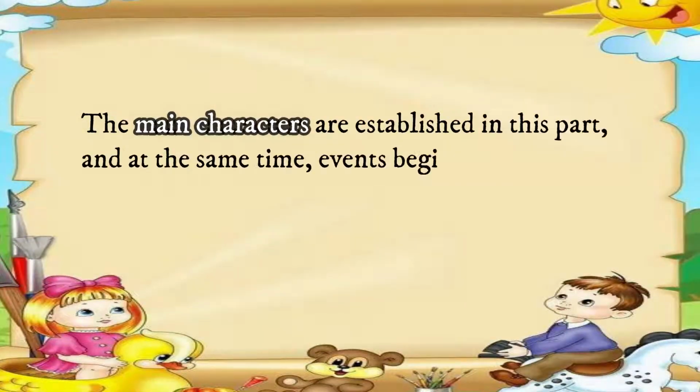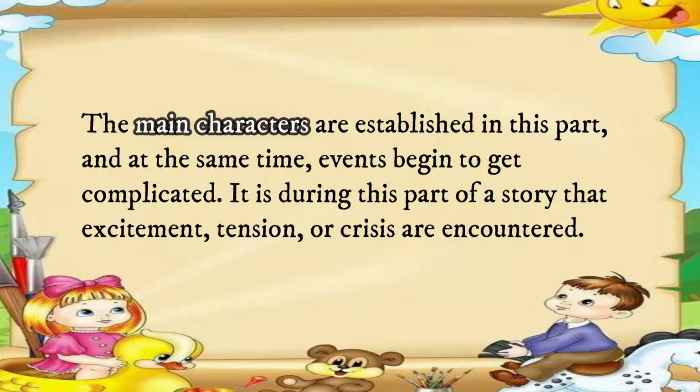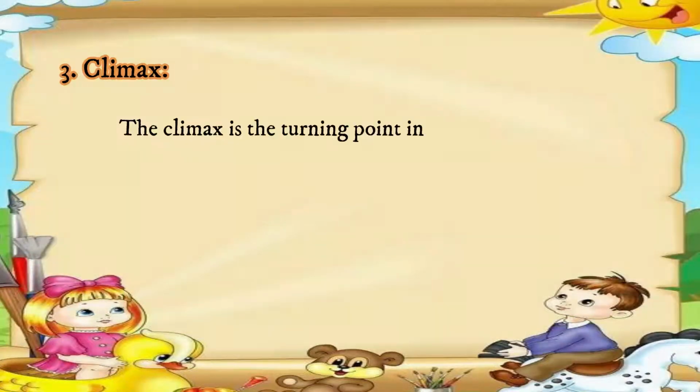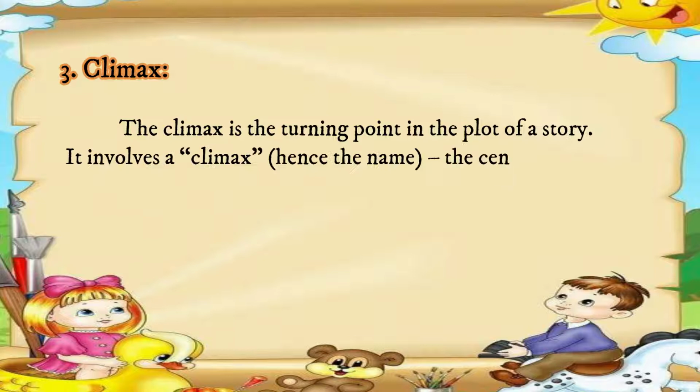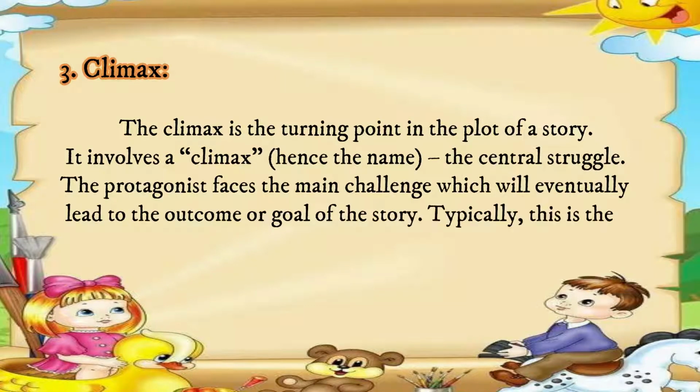The main characters are established in this part, and at the same time, events begin to get complicated. It is during this part of a story that excitement, tension, or crisis are encountered. Number 3, climax. The climax is the turning point in the plot of a story.